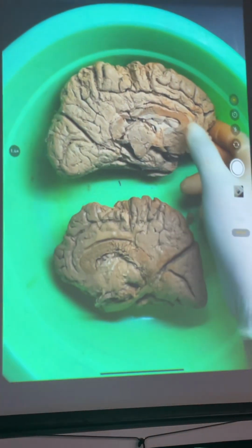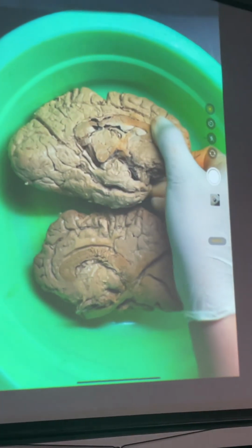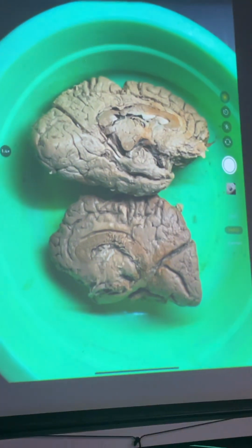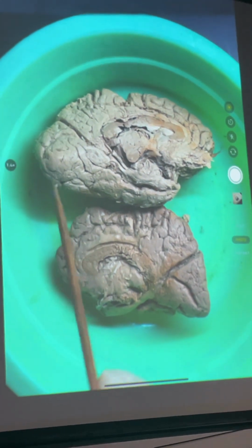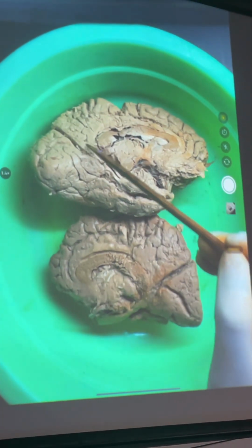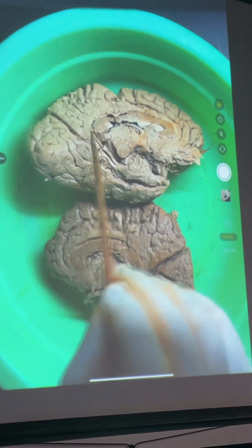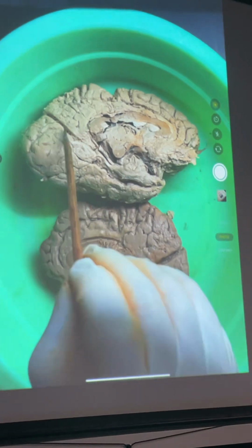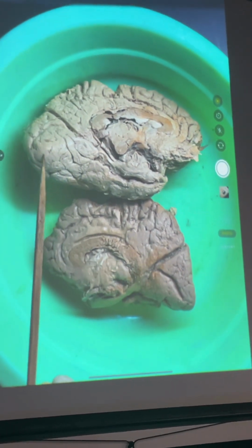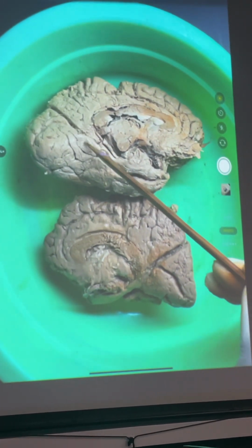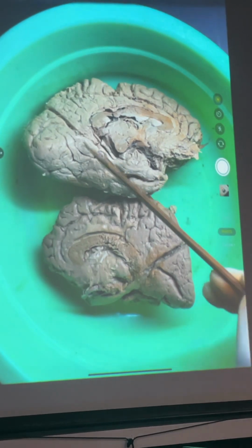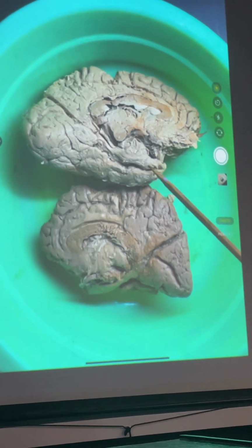If we move this one on this side, as you can see, this one here is the parieto-occipital sulcus. This is the cuneus. This is the calcarine fissure. Then this is the lingual gyrus. This one here is known as the parahippocampal gyrus.